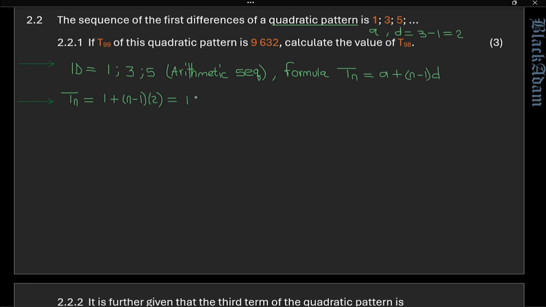That will be 1 plus 2n minus 2, because negative 1 times 2 is negative 2. Then 1 plus negative 2 is negative 1. So that's our formula. You can check the second term: you put 2 there, and that's going to be 3, which is correct.